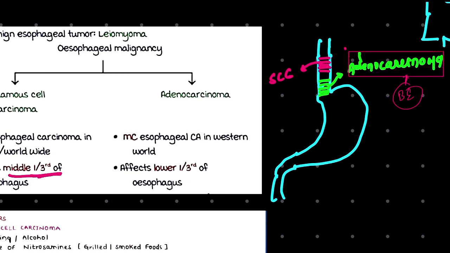Barrett esophagus was also affecting the lower 1/3 area of esophagus, or the area that contains the lower esophageal sphincter. Similarly, if you remember the lecture on achalasia cardia, you will find that achalasia cardia was the risk factor for causing squamous cell carcinoma, right? But achalasia cardia was also affecting the lower 1/3 of our esophagus. That thing will get clear somewhat later on.